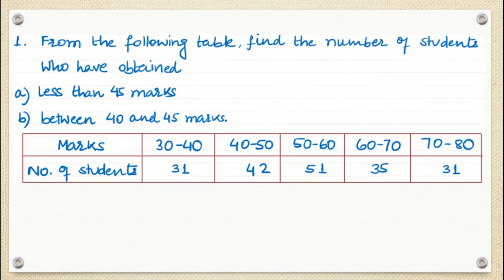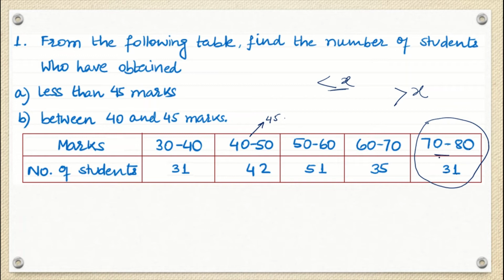The logic says that this column says a total of 31 students scored marks between 70 to 80. So instead of making the table for less than X marks, we will make the table for greater than X marks. That means we will start from here.